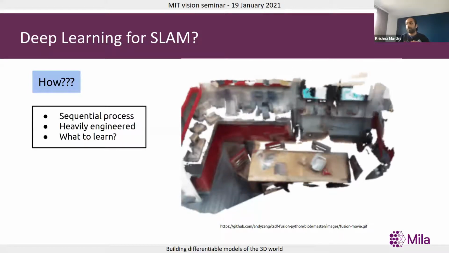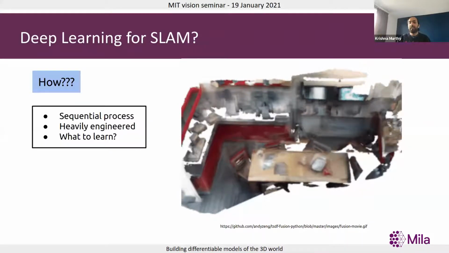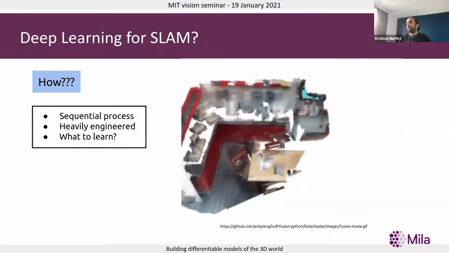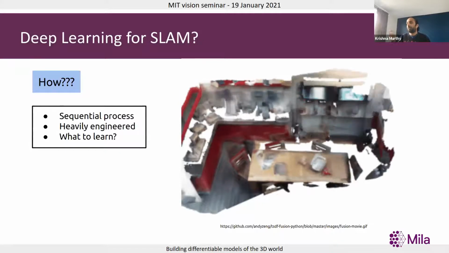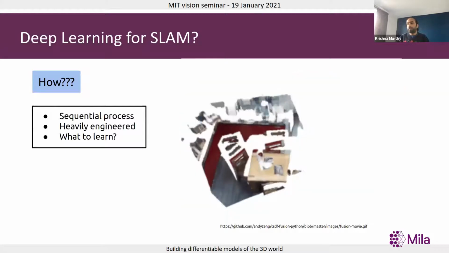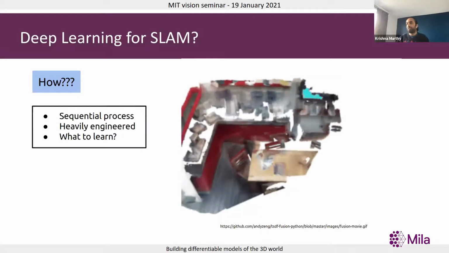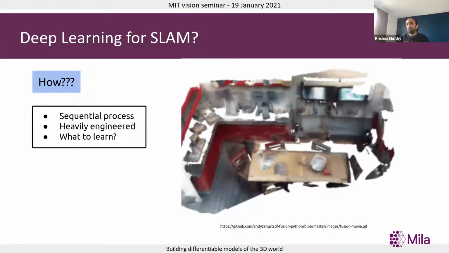Do you just want to feed all observations to your neural net to predict camera poses and a map, or do you want to be smart about it and learn only the parts that actually need to be learned? Because of this, traditional SLAM is still yet to see the deep learning revolution.